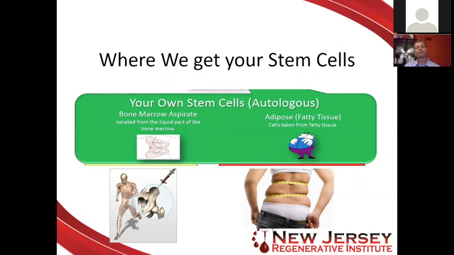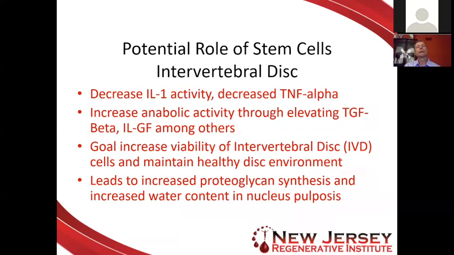So then, what is the potential for stem cells in intervertebral discs? Well, we know they decrease interleukin-1 activity. Interleukin-1 is a degradative, painful molecule, and it is in very high levels as we have degeneration of our discs. So we think that it breaks down certain proteins.